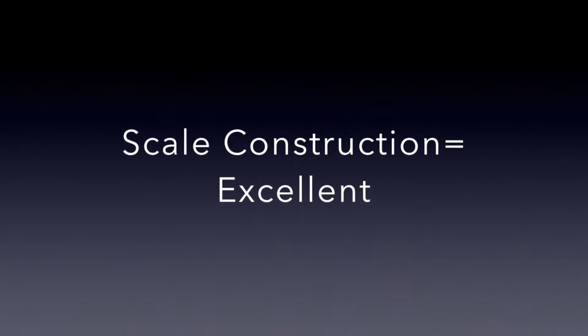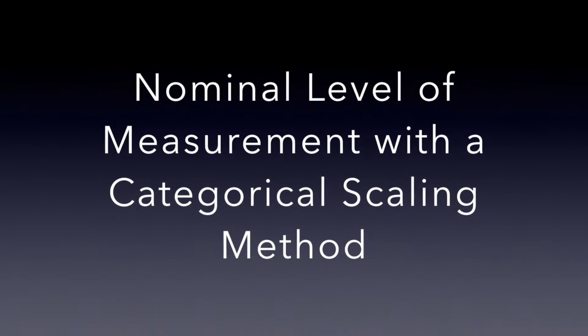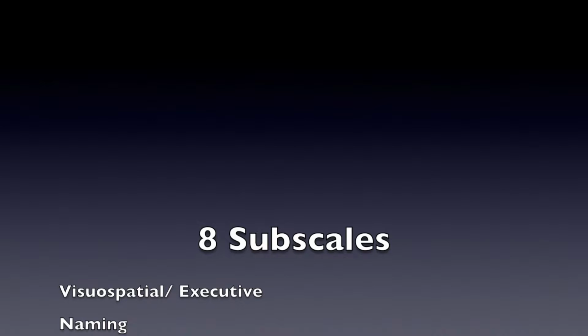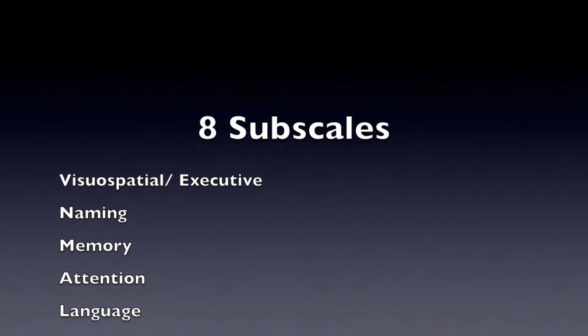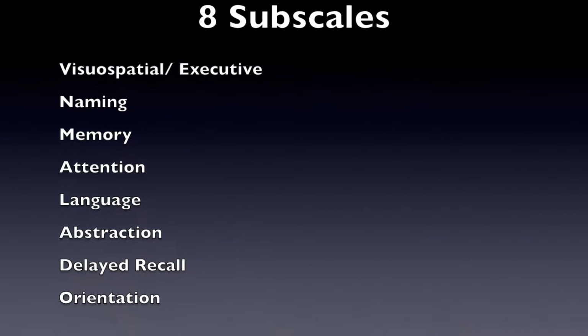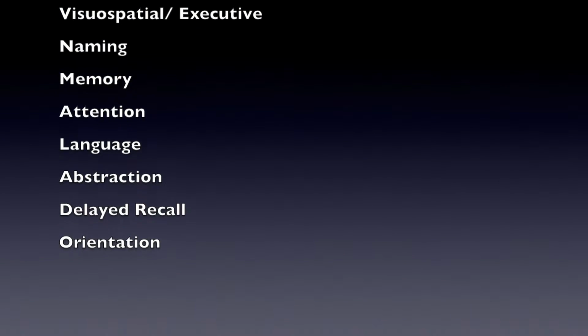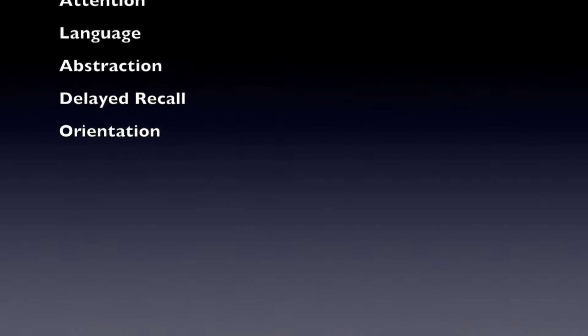The scale construction is excellent, and it's a nominal level of measurement with a categorical scaling method. There are 8 subscales in the MoCA: visuospatial executive, naming, memory, attention, language, abstraction, delayed recall, and orientation, and each one could be separately administered and scored.